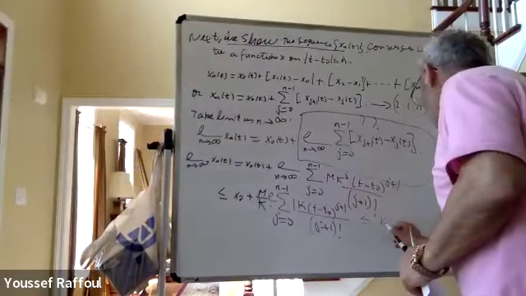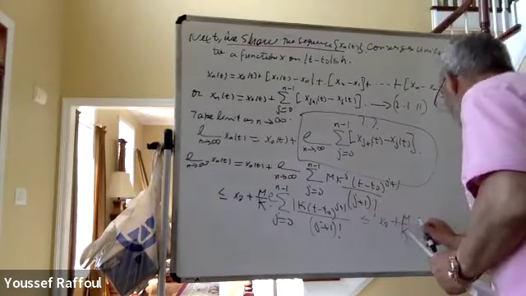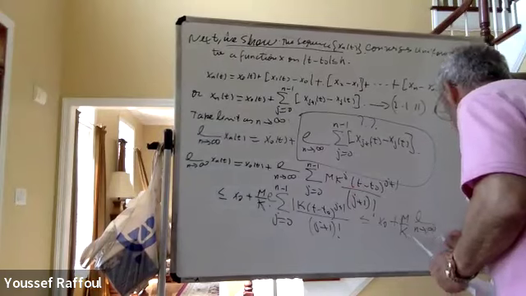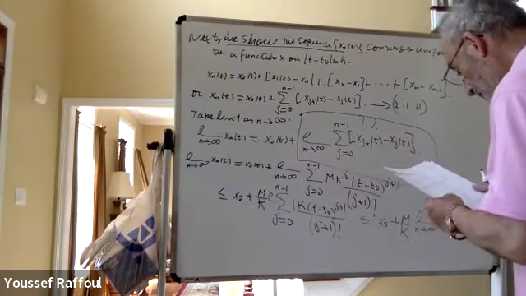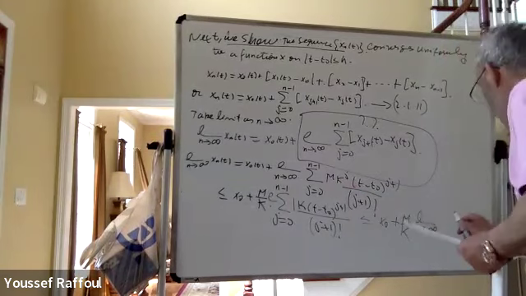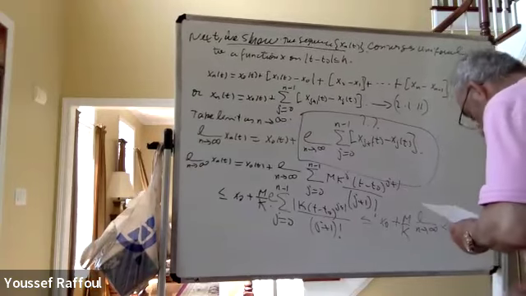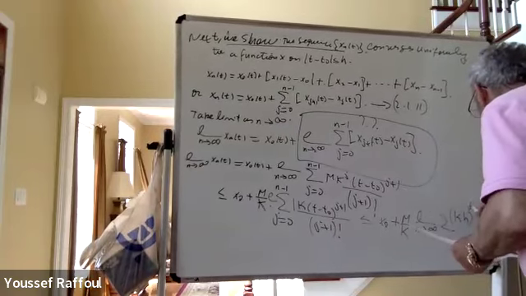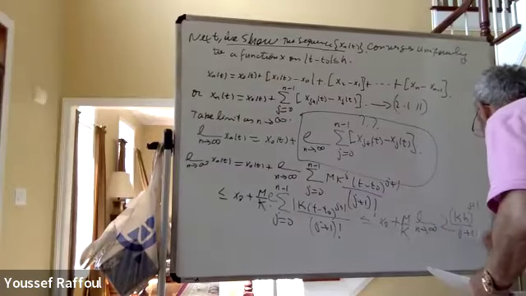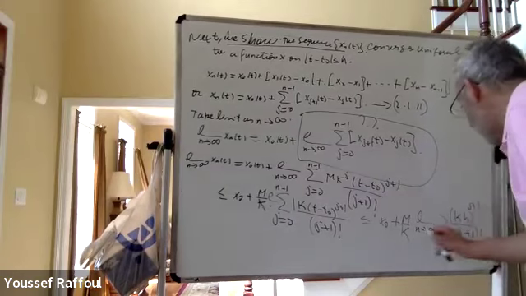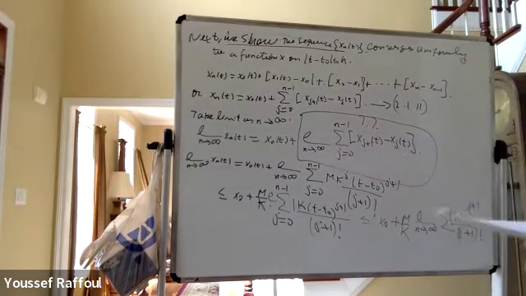And this is less or equal to x naught plus m over k times the limit as n goes to infinity of k h to power j plus 1 over j plus 1 factorial. Since I have k to power j plus 1, I need to divide by this one, m k to power j plus 1.